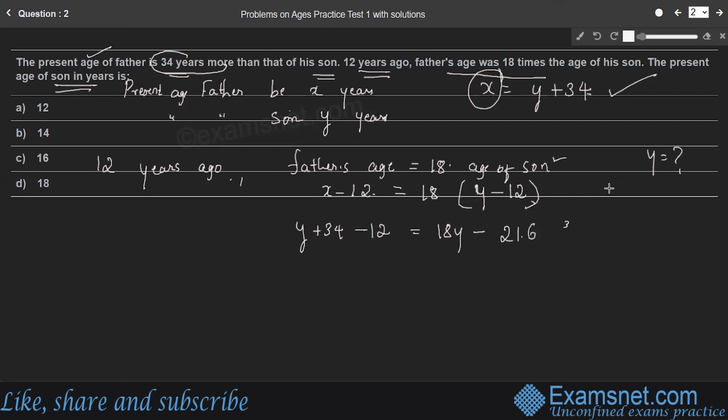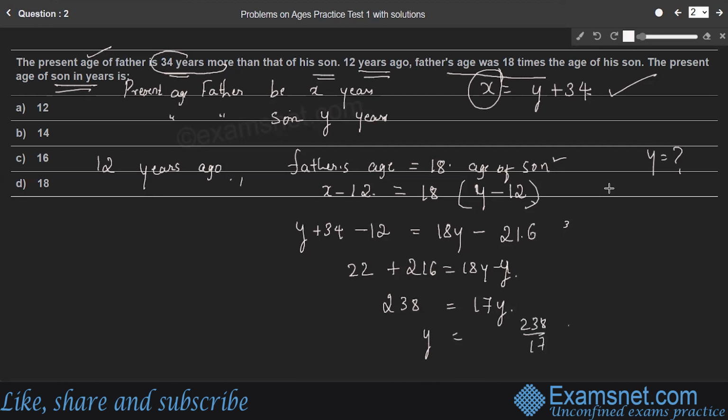Therefore, 34 minus 12 is 22. 22 plus 216 gives 18y minus y. So 216 plus 22 means 238, and 238 is equal to 17y. Hence y is equal to 238 by 17.